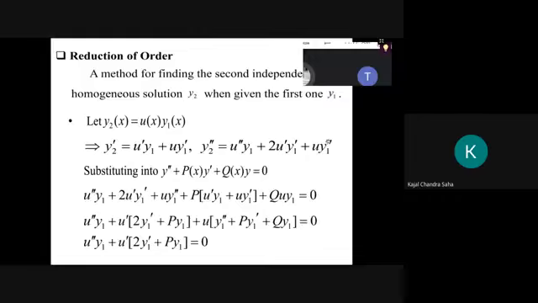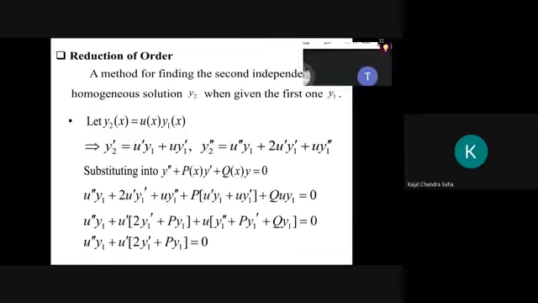Is it clear? Then we have to put this value into the differential equation 2. If y2 is a solution of the given differential equation, it satisfies the second order homogeneous linear differential equation.